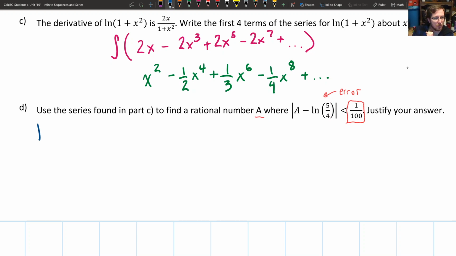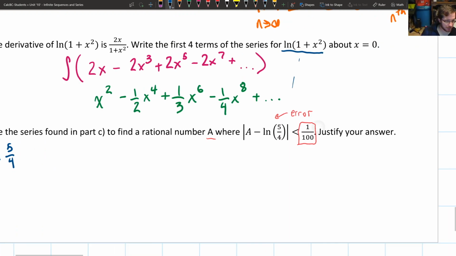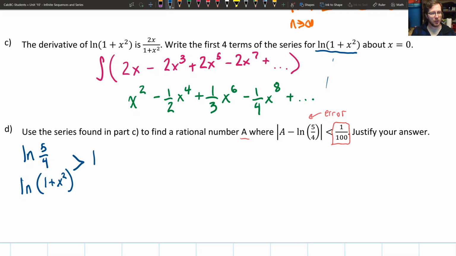All right, so we're looking for an approximation for natural log of 5/4. So we need to make that work for our function, which is what we just found, natural log of 1 plus x squared. So we need to make these mesh together. 5/4 is the same thing as 1 plus 1/4.